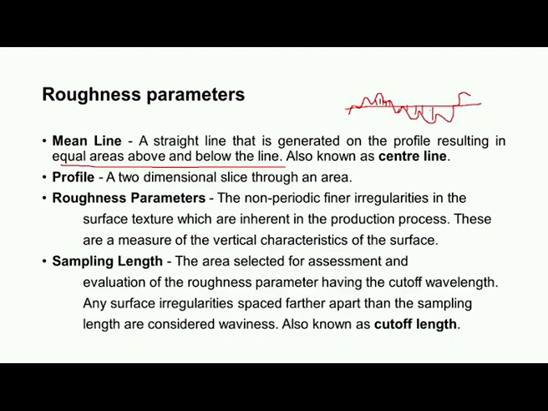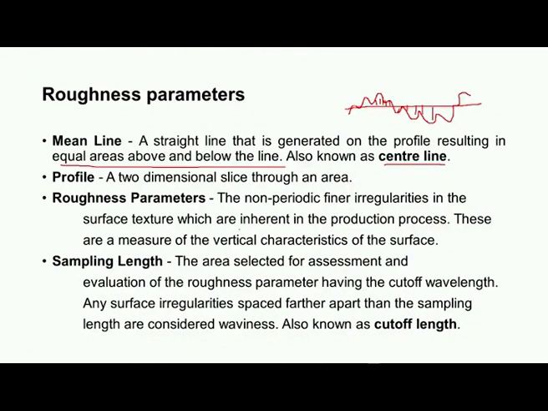Or we can always use some software to establish this straight line. This mean line is also known as center line, and the profile, we understood, is a combination of form error, waviness and roughness.